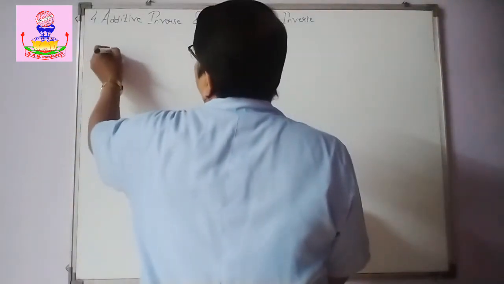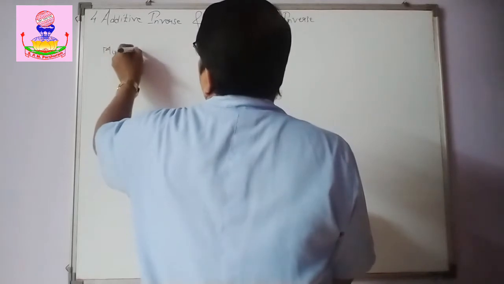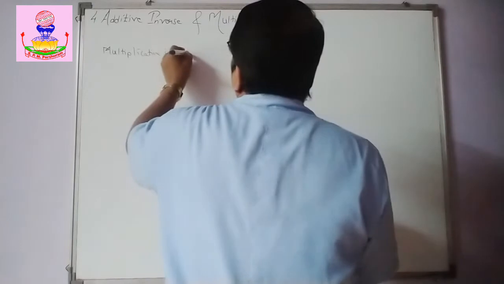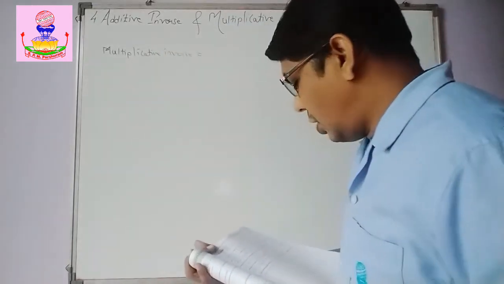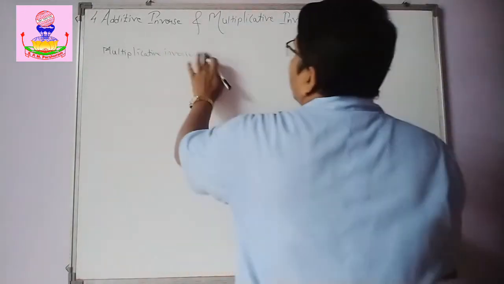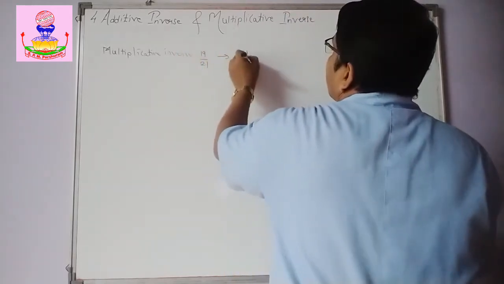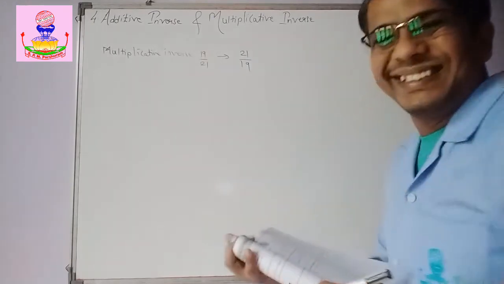So first find multiplicative inverse of 19 upon 21. Right? What is it? 21 upon 19.